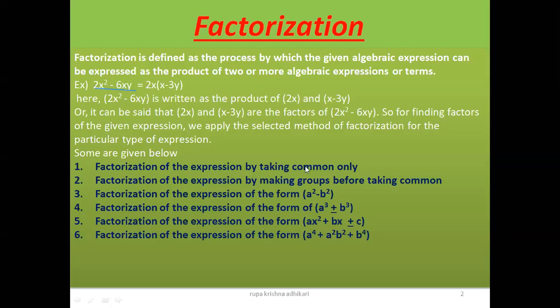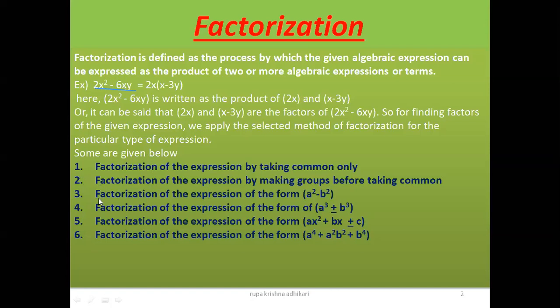First, factorization of the expression by taking common only, as we have done here. Here we took common out and then factorized. Second, factorization of the expression by making groups before taking common. Here no single number or variable is found to be common; a group is found. I will show you this in coming slides.